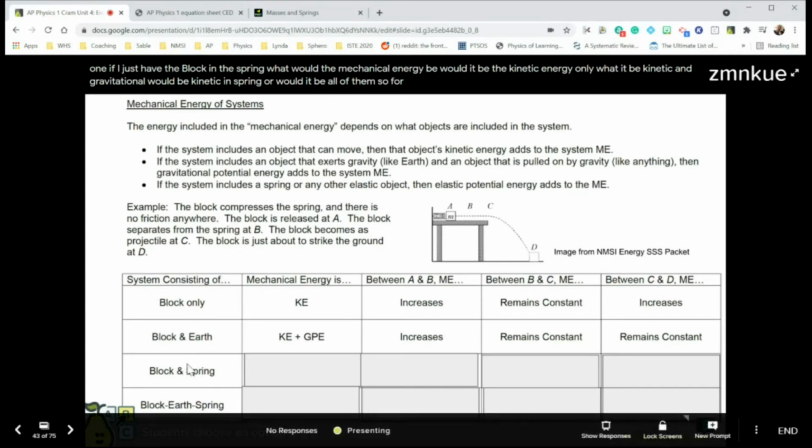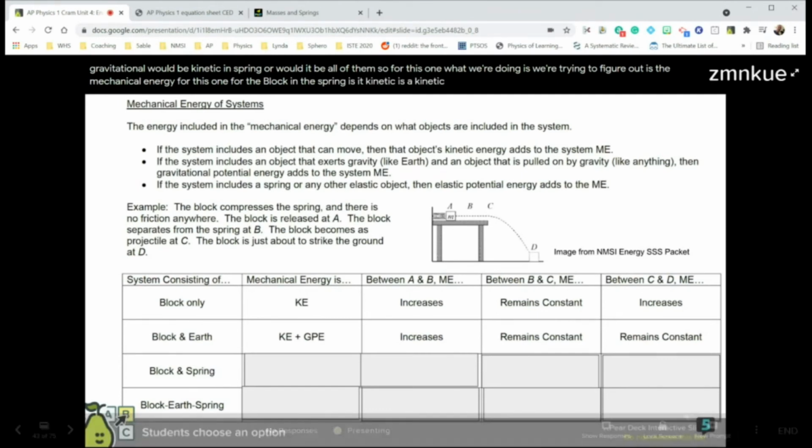For this one, we're trying to figure out whether the mechanical energy for the block and the spring is kinetic, or kinetic plus gravitational.